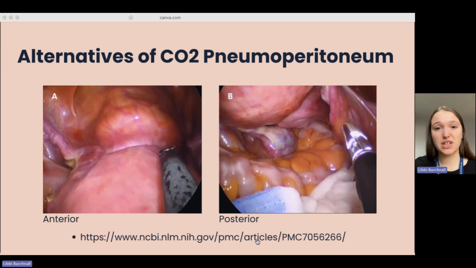The paper also suggested maybe using gauze to move the bowels out of the way as well. Obviously that's not for everyone, but I thought that was a good little example of how you can create space in the abdomen without inserting gas. So just something to consider there.